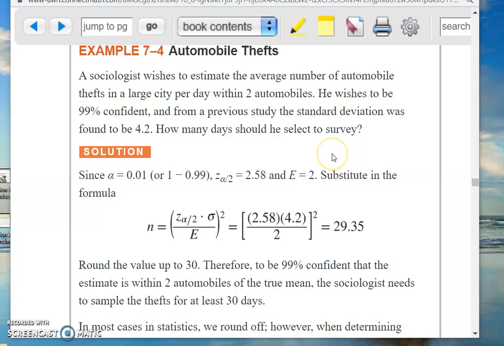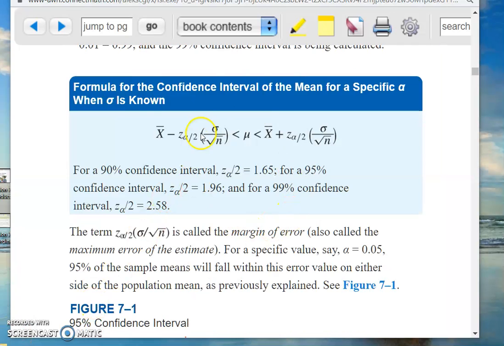Automobile thefts. A sociologist wants to estimate the average number of automobile thefts in a large city within 2 automobiles. So within 2 automobiles, that's my margin of error. I want it to be within 2, in the sense that 2 is the maximum error that I want. So let me bounce back up here.